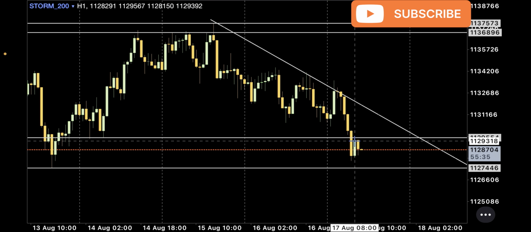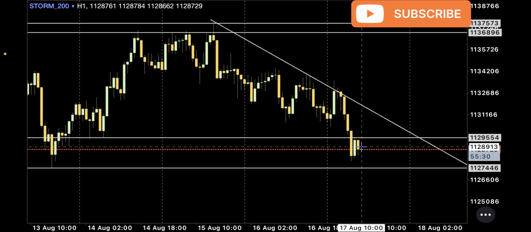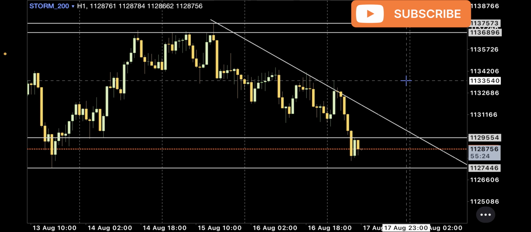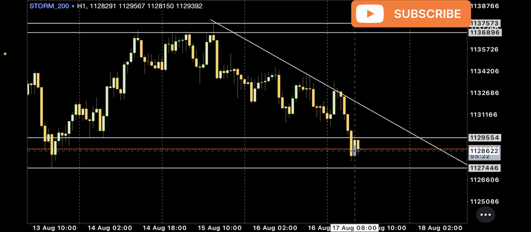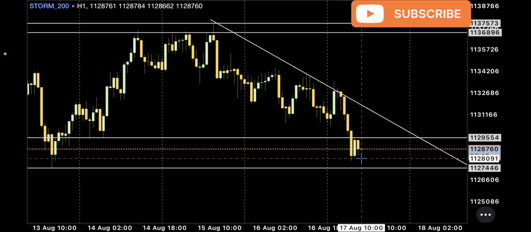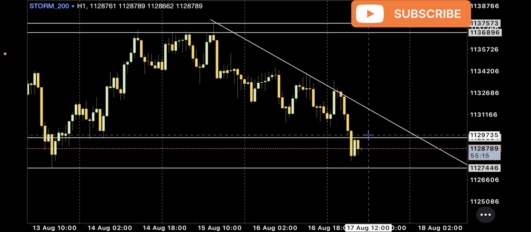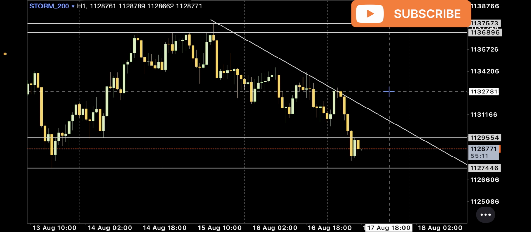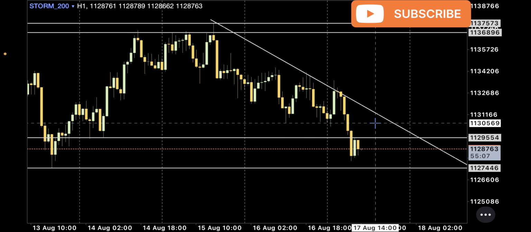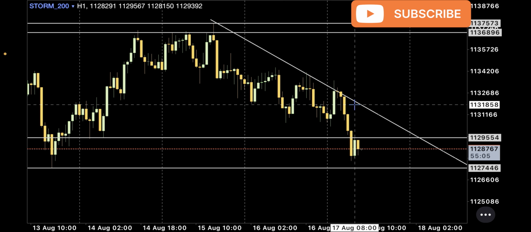We can't just buy from here. When we buy from here, we are shooting ourselves in the foot, because price has not given us an indication that it wants to go to the upside. So we are just gambling. Let's wait for price to close above the range, then we can buy. And don't forget that when we are buying, we also have a trend line here, which is also serving as a resistance.